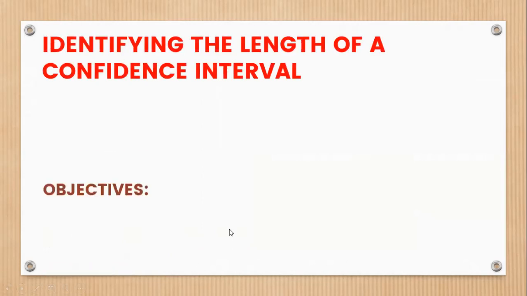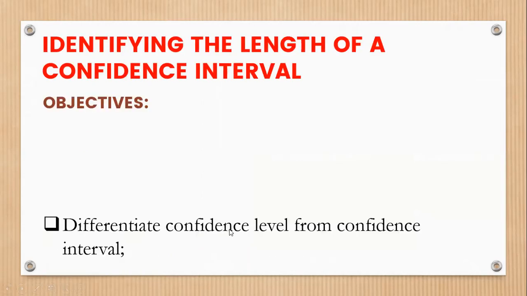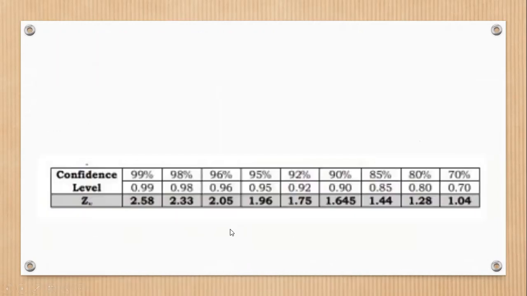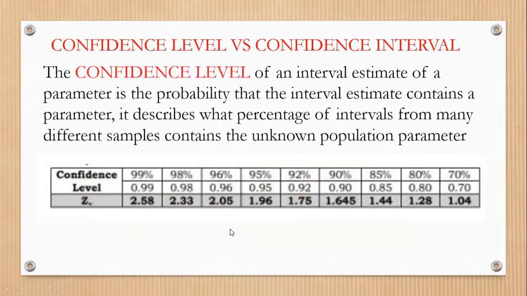Okay, next module, identifying the length of the confidence interval. So these are the objectives. What's the difference between confidence level and confidence interval? When we say confidence level, it is the probability that the interval estimate contains a parameter. When we say parameter, it comes from the population.